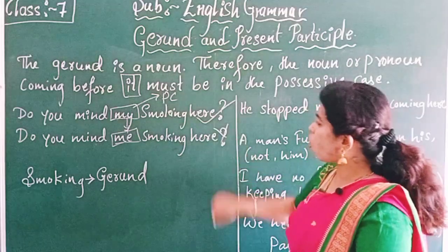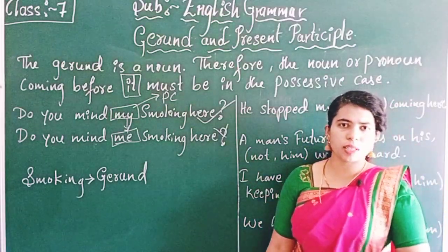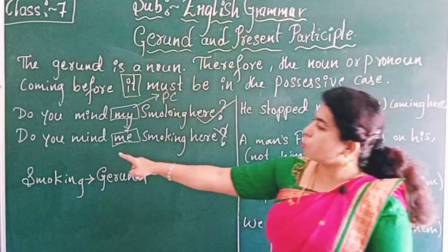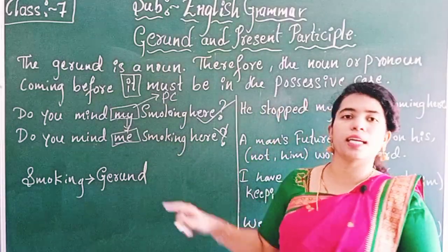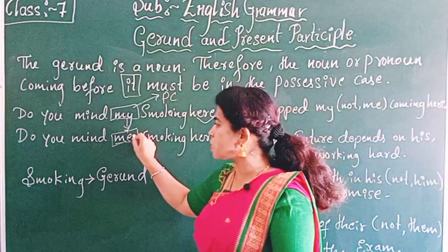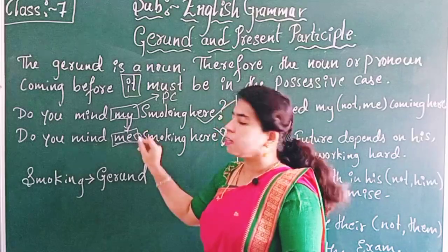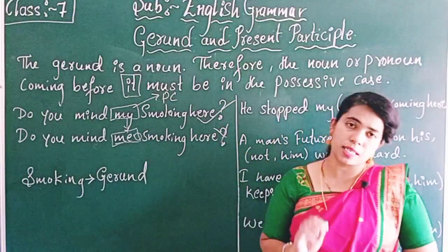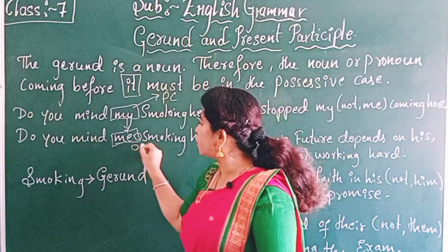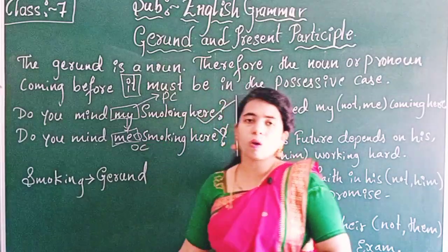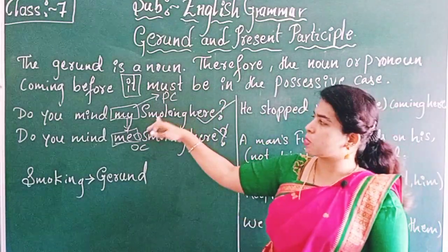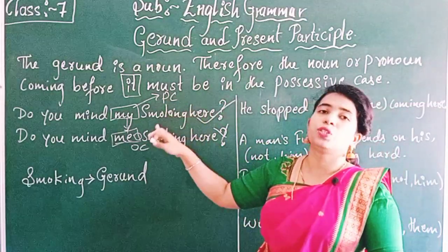Do you mind me smoking here is wrong. Me is not the possessive case; it is the objective case. So we have to use the possessive case before the gerund.